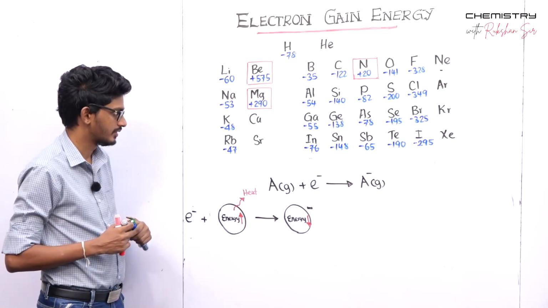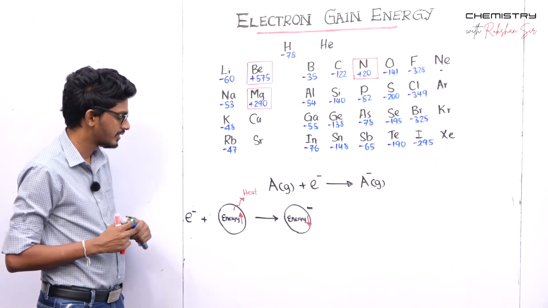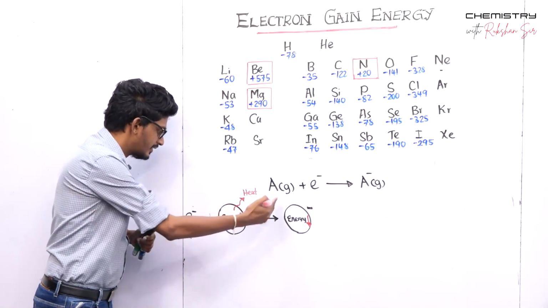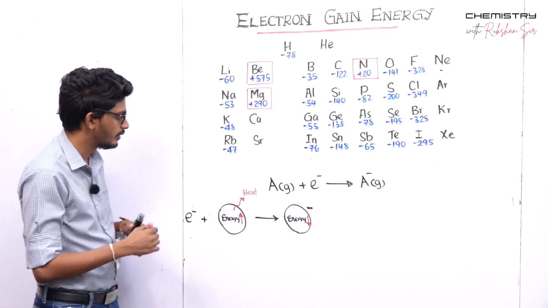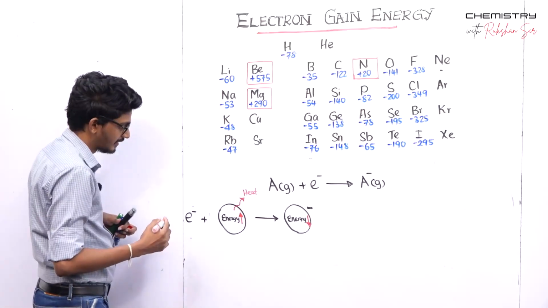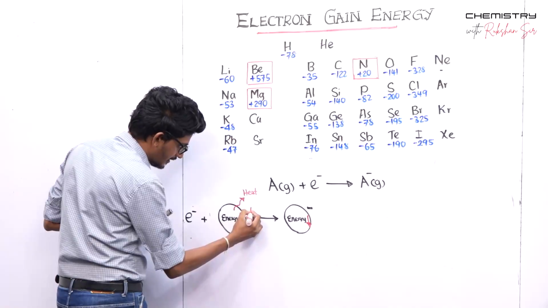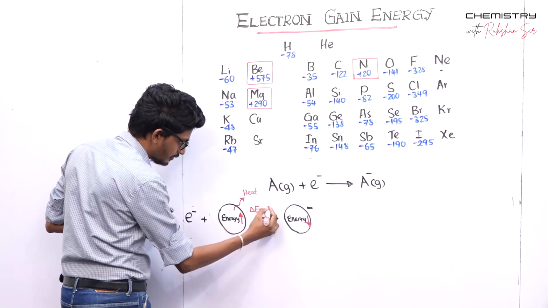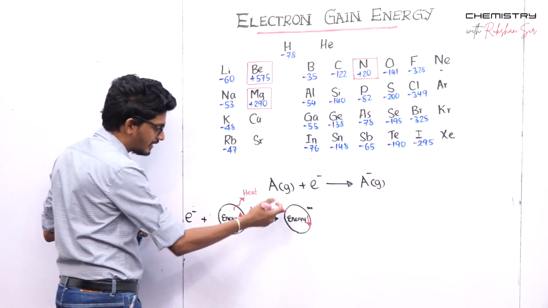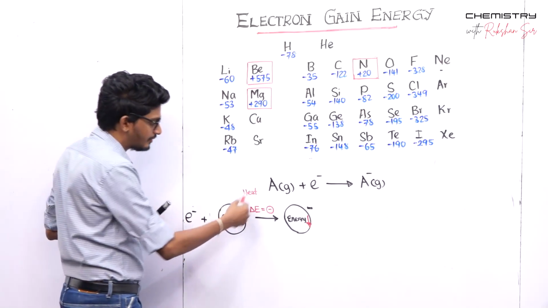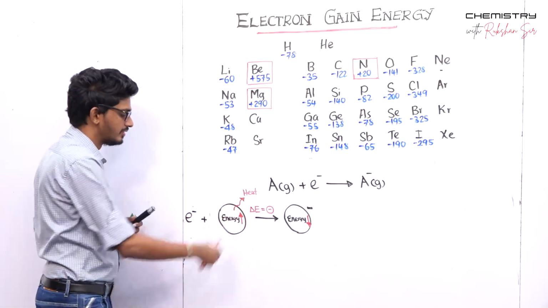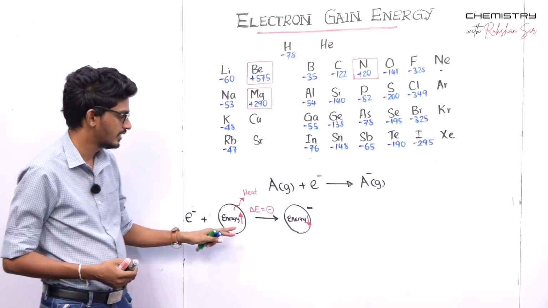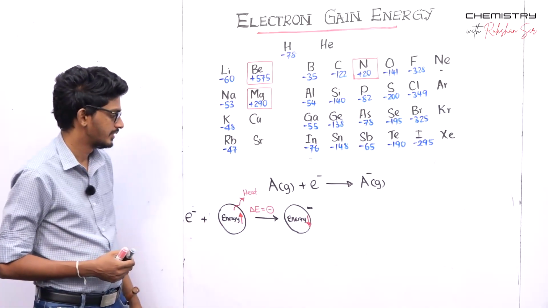Negative means energy decreases. When the delta E, the energy change, is negative, that means energy is decreasing. You start with higher energy and end up with a lower energy.